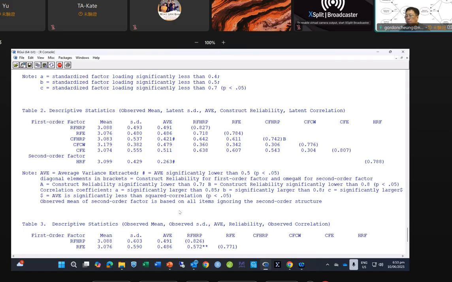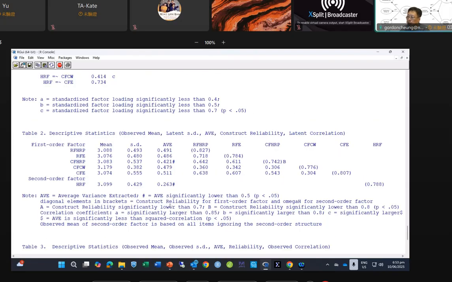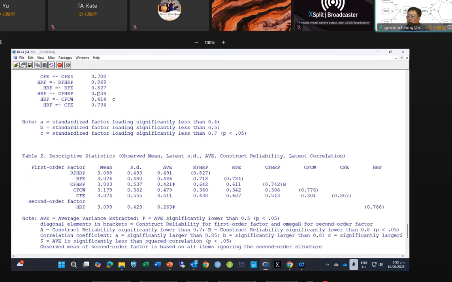Do you notice that many management studies actually do not report AVE? They have not paid enough attention to the convergent validity. If we use the standard about AVE, then this paper cannot get published.